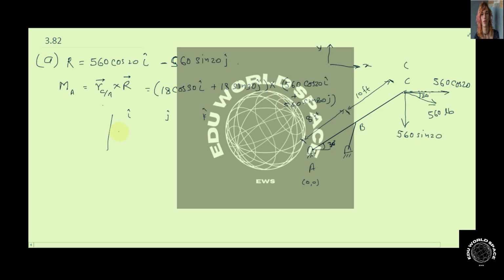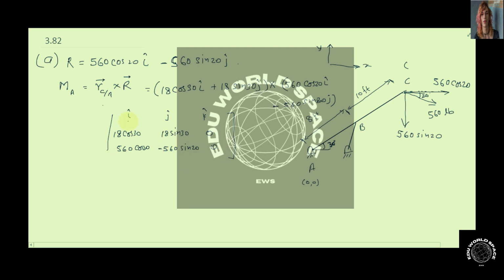The position vector is 18 cos 30, j cap is 18 sin 30, and k cap is 0. And here it is 560 cos 20, this is 560 sin 20, and this component is 0. Alright, we have made a mistake here: this force component is in the negative direction. Since here it is a negative sign, we will use minus 560 sin 20, so here also it will be minus 560 sin 20.